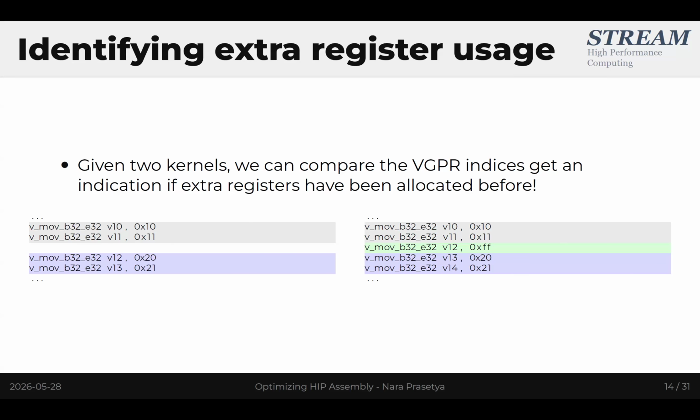For example, if we know that the last two instructions here are always required, and then suddenly there is an instruction that uses an extra register, an extra resource, then subsequent allocations will have a higher identifier number. So V12 becomes V13, V20 becomes V14. And this is a property that you can abuse here.